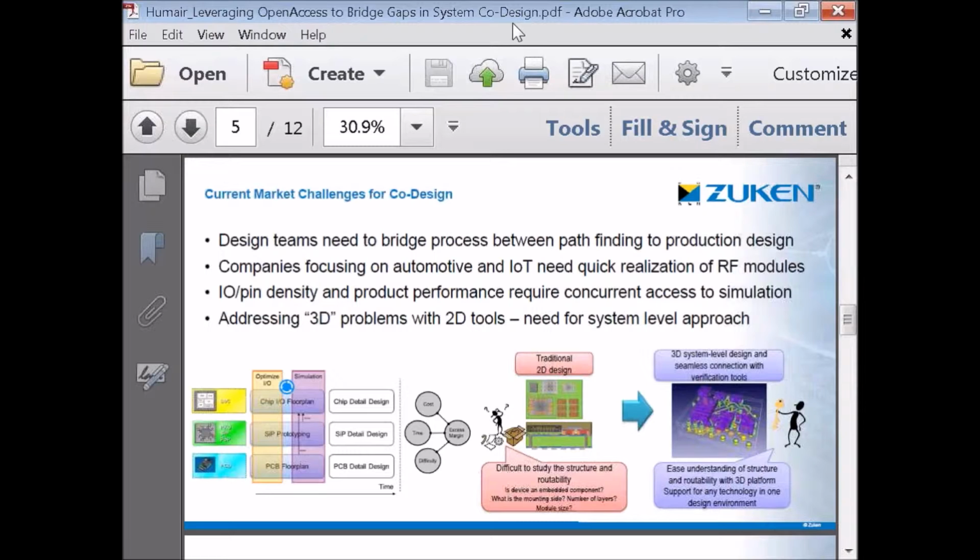And with the constant increase of I/O pin density in the system, what we're basically seeing is that we're trying to solve 3D problems, even from a pure physical construct point of view, with 2D tools. And what we really need is a native 3D data model of the system where you have designing and concurrent simulation available at the same time, which can handle that delicate balance between doing the pathfinding and production design. So how do we do that? So if we go to the next slide there.